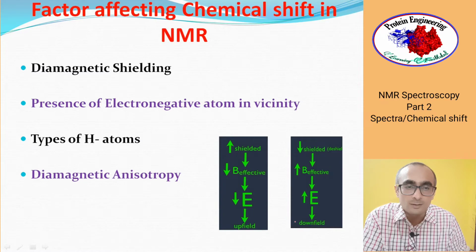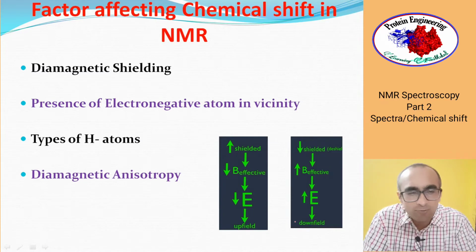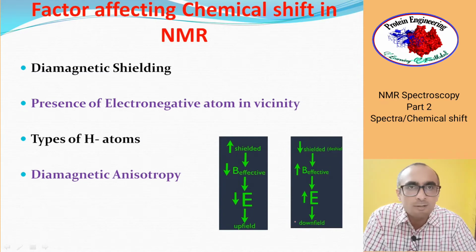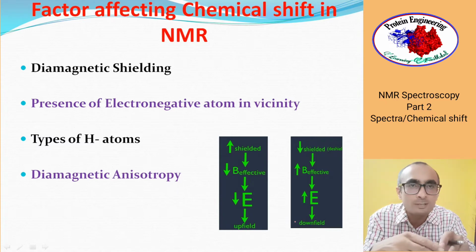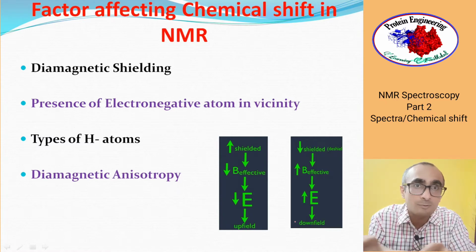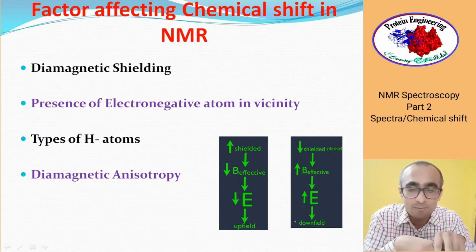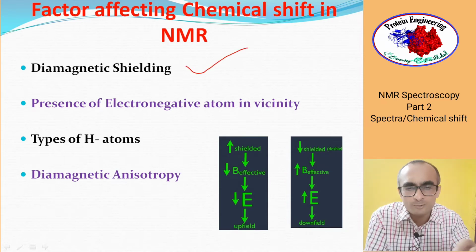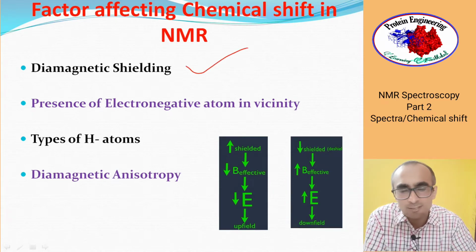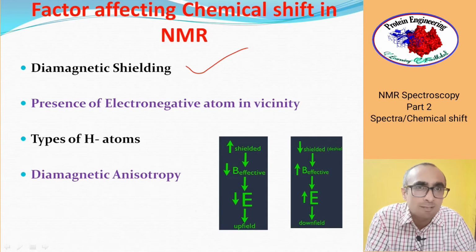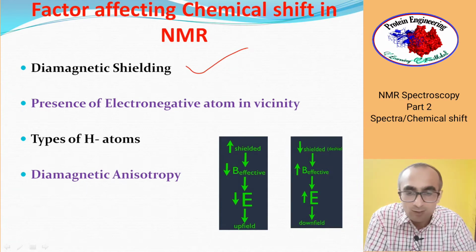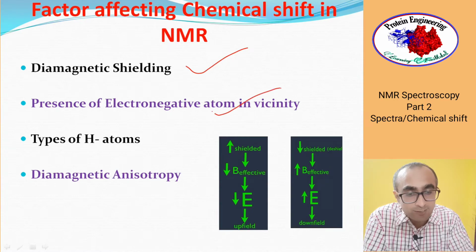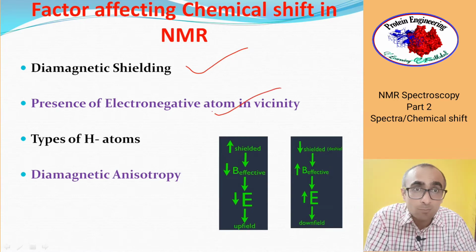There are many factors which affect chemical shift in NMR. Chemical shift means, always remember, the positioning of the signals, at what ppm value they are positioned. Some of the important factors are diamagnetic shielding, the presence of any electron in the neighborhood of that nucleus that shifts the peak, or the presence of an electronegative atom in the neighborhood that also affects the location of the peak.